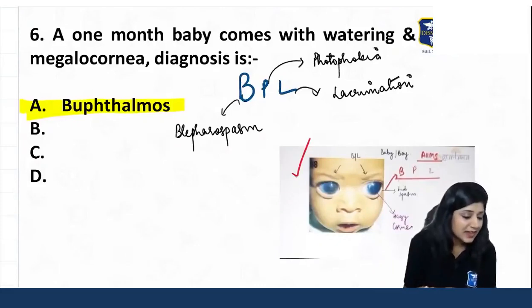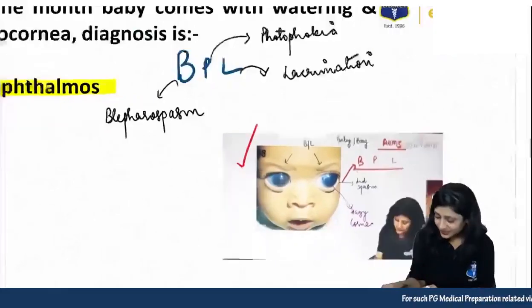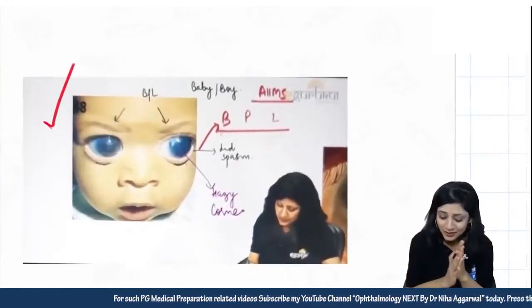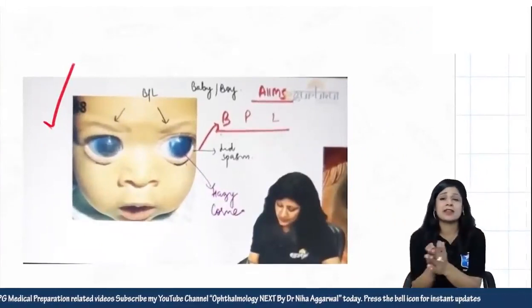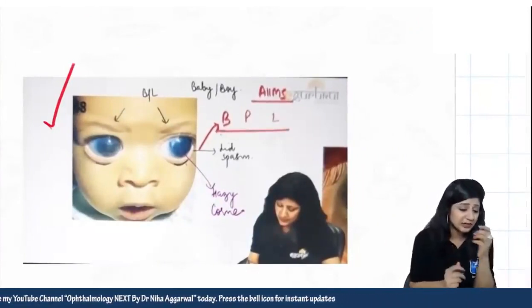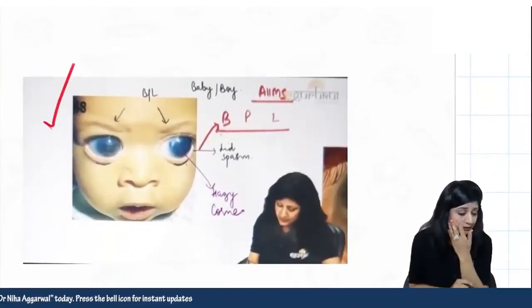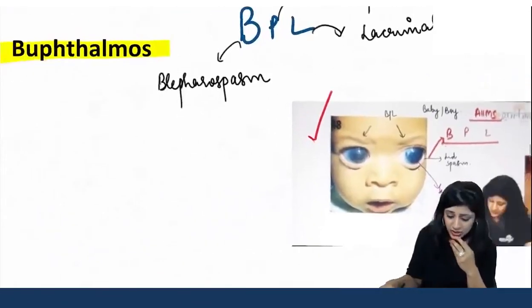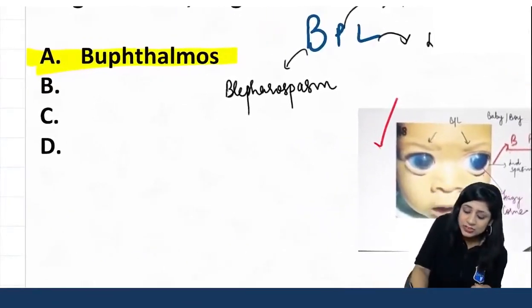Yes, Saibana, thank you. I think this is my favorite question. Blue baby boy or a nearly similar image came. I do not know if it was similar or the same. Watering was there. It was congenital glaucoma. Instead of buphthalmos it was congenital glaucoma, so that is the same thing.